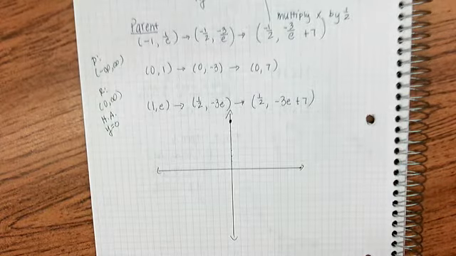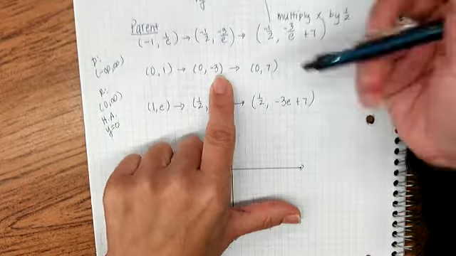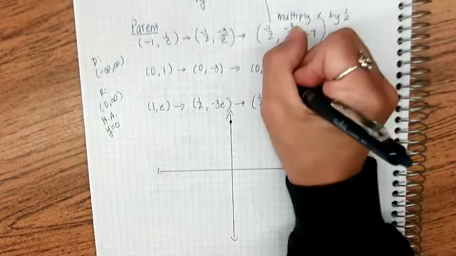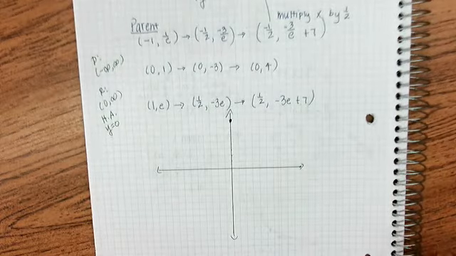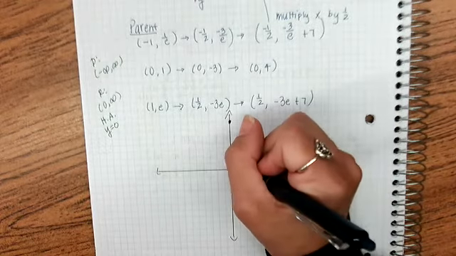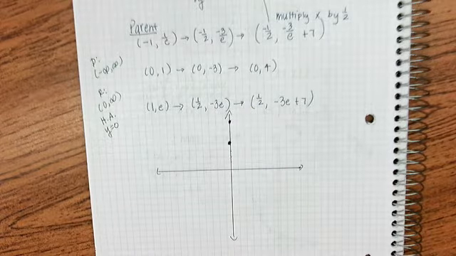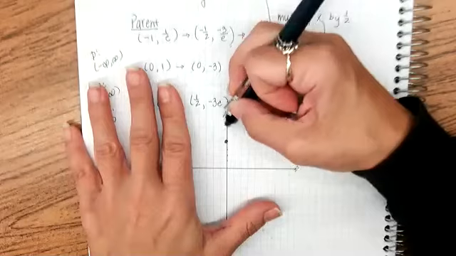It took me all this time to realize I made a mistake. -3 plus 7 is 4. Sorry about that. There we go. So this is wrong.